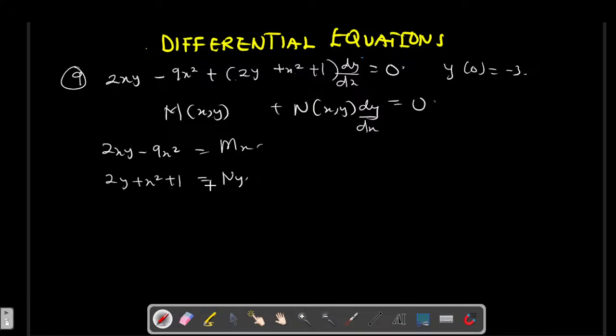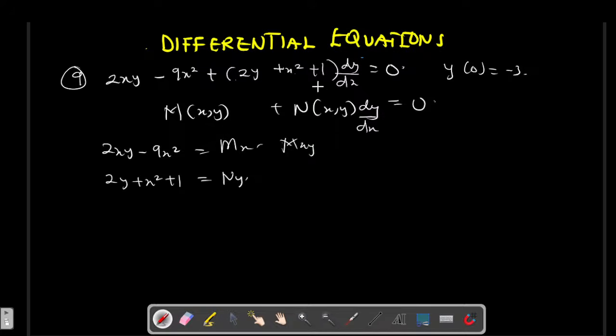At this point, the test for exactness is a cross differentiation. Since M is a function of x and y, we always differentiate the first one with respect to y, so always find M_y. Differentiate the one which is not attached to the dy/dx with respect to y.